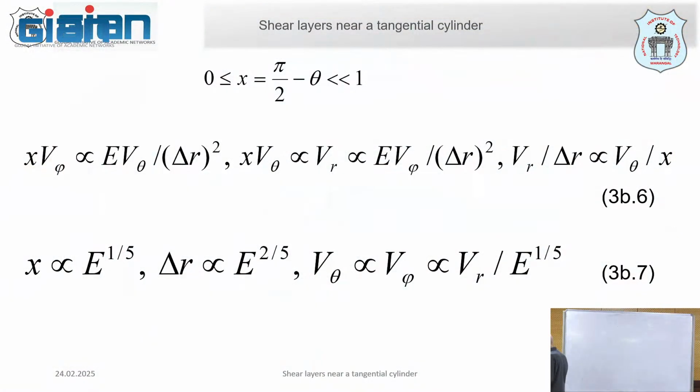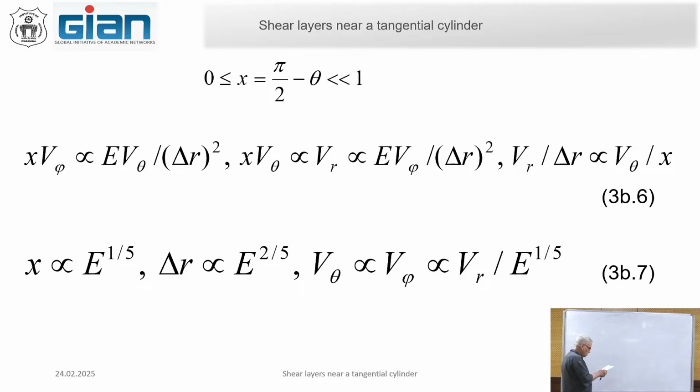So this difference is due to the fact that the Coriolis force contribution to these layers, which I just showed you near the equator, is proportional to cosine theta.